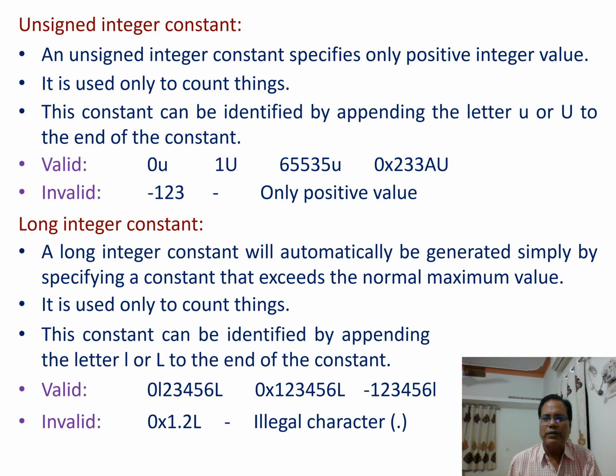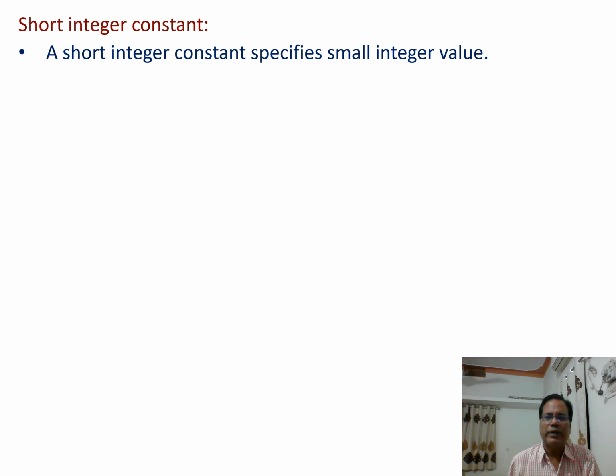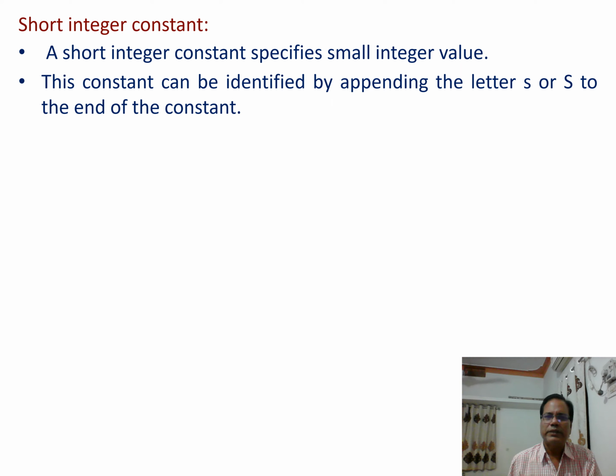Invalid constant: 0x1.2l. Here an illegal character, the decimal point, is included. Now, short integer constant. So what is a short integer constant? A short integer constant specifies small integer values. This constant can be identified by appending the letter s, lowercase s or uppercase S, to the end of the constant.